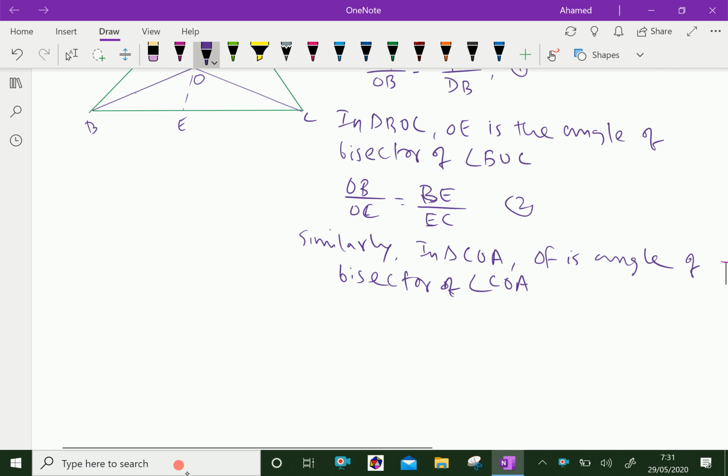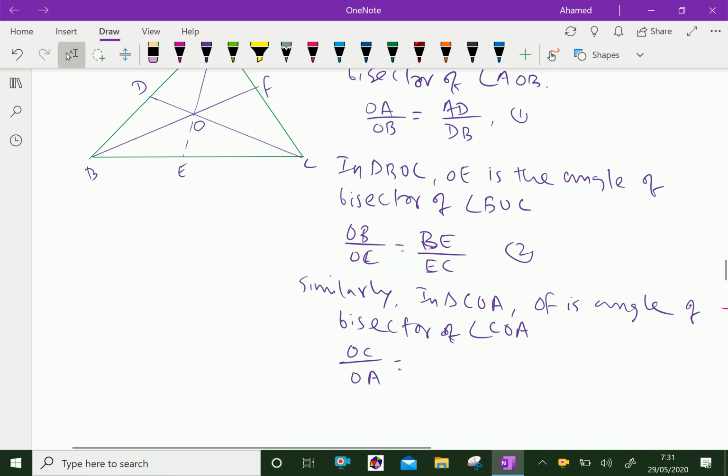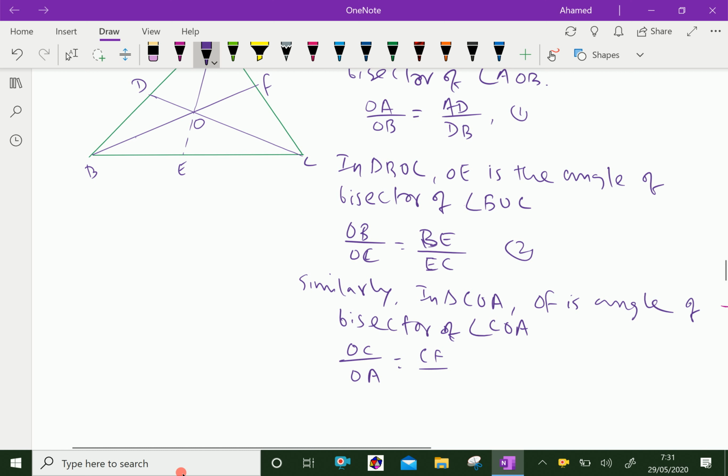Therefore we can say the ratio OC over OA equals CF over FA.